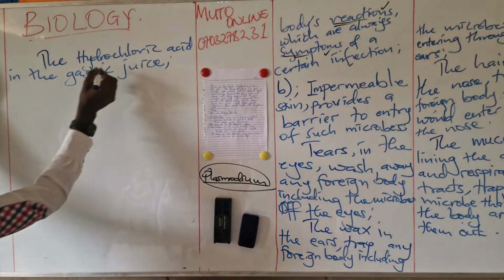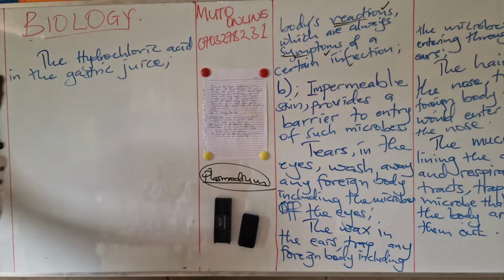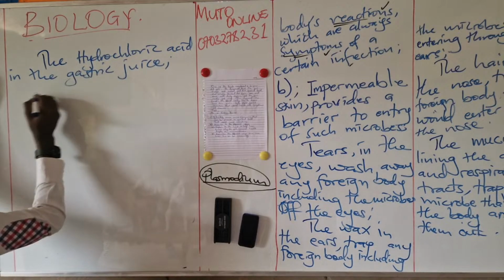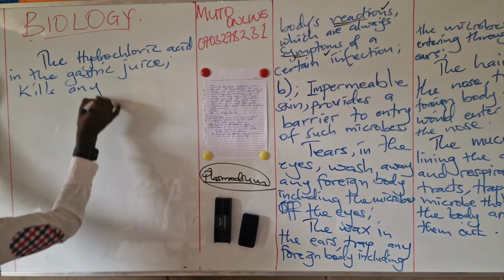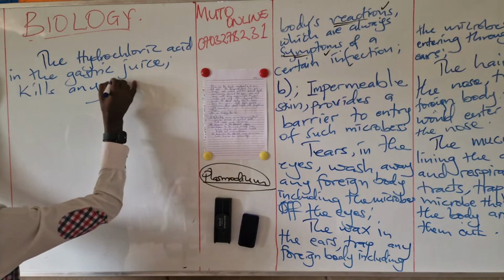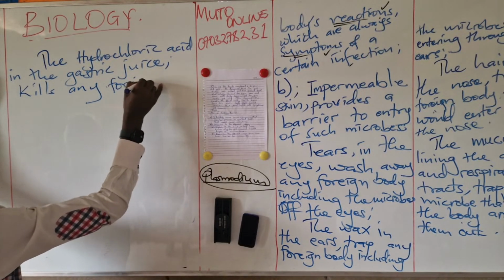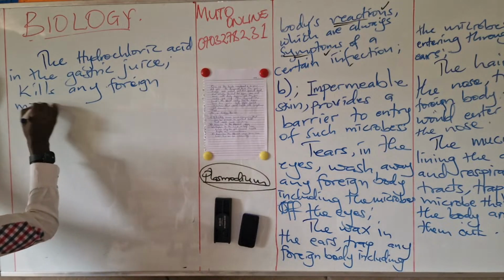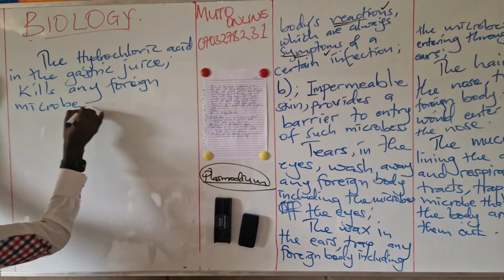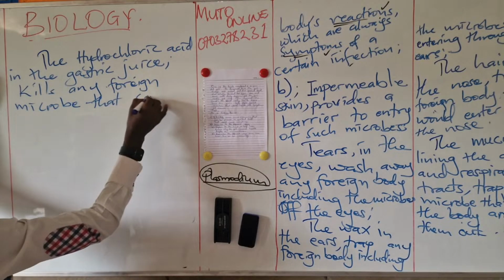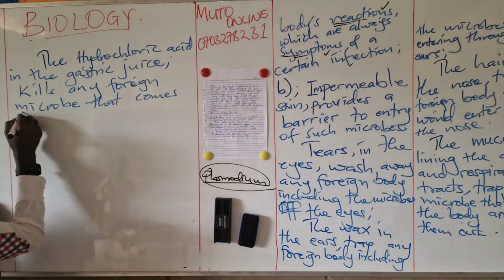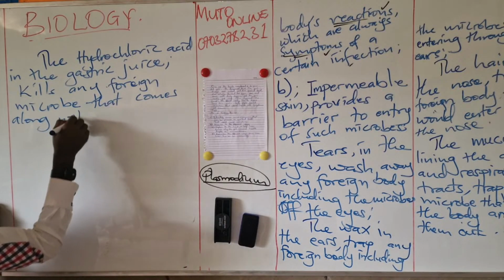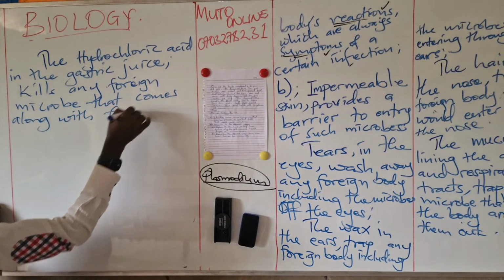One of the roles of this hydrochloric acid in the gastric juice is to kill any foreign microbe that comes along with food.